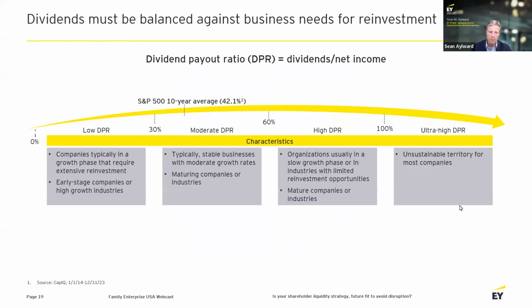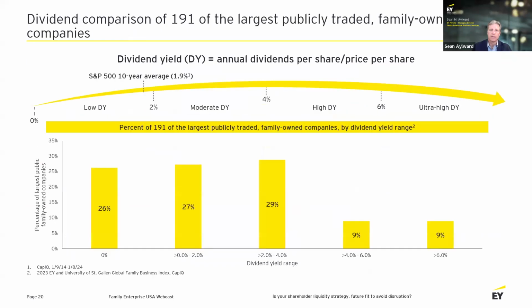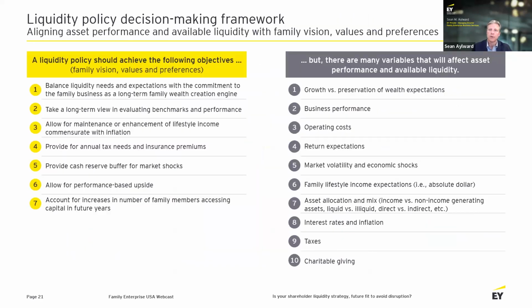So I think that brings us past these two slides and sort of to, now that we know both the family side's needs and the business's needs with respect to capital, thinking through the framework for purposes of designing the actual policy statement itself. So a number of things to keep in mind when sitting down to do that.